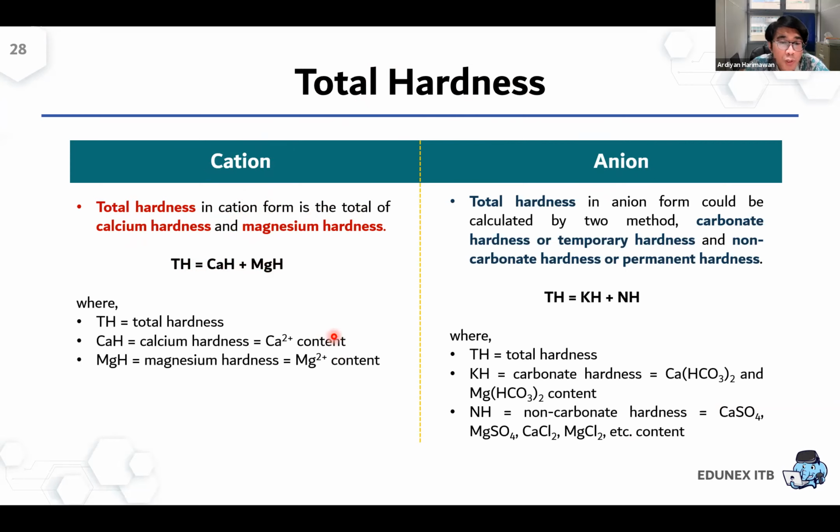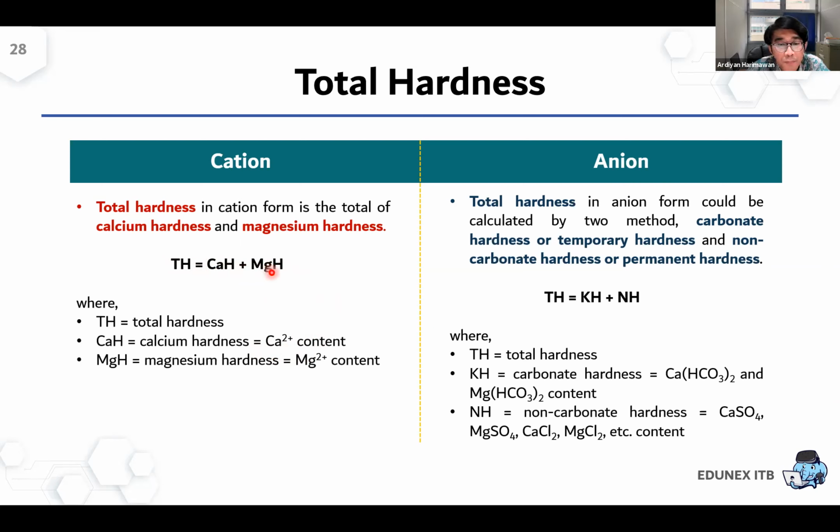However, later we will see that you cannot directly sum up the concentrations of calcium and magnesium, because each has a different weight number, and the valencies also contribute to the hardness. So the calculation will be in equivalents.